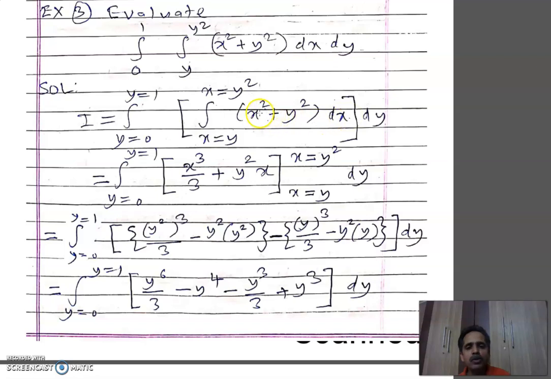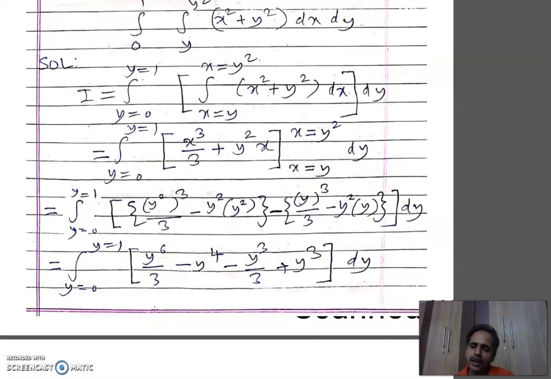So integration of the first term became x cube by 3, while in the second term, because y square is constant, integration became y square into x, and limits for x are x is y to x is y square. First we put x is y square, you will find the expression in this curly bracket, then minus sign. Now you put x is y, so you will find the second curly bracket, and when you simplify you will find a single integral in the last step.